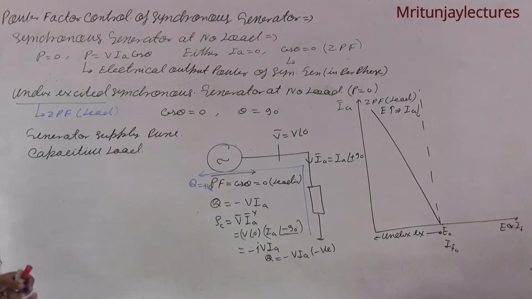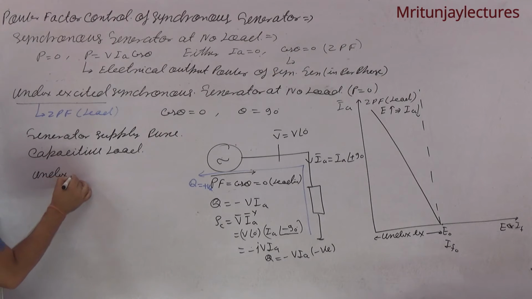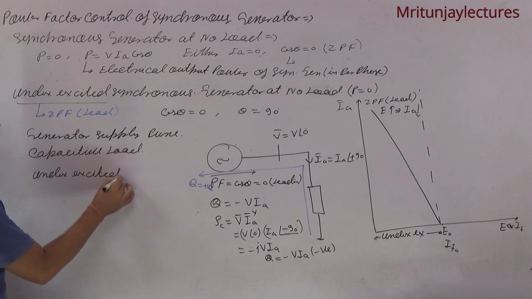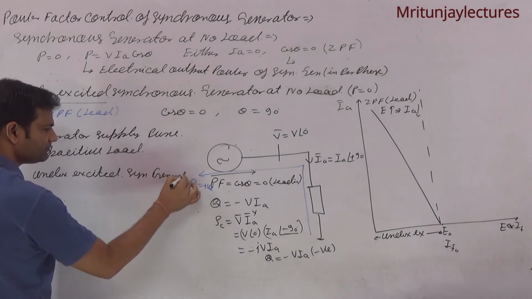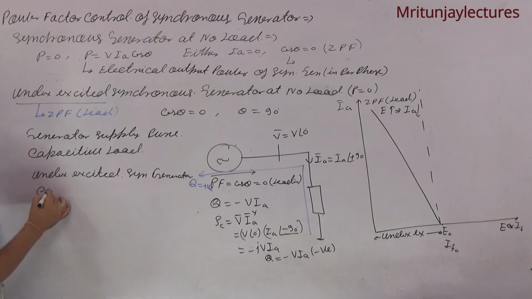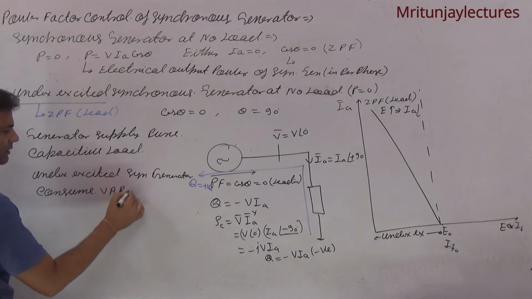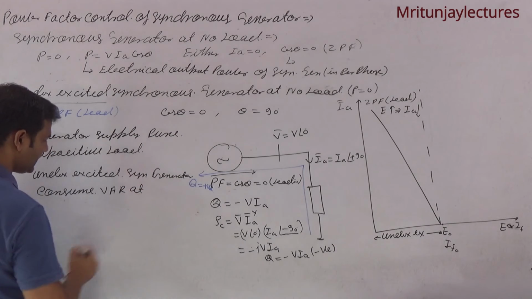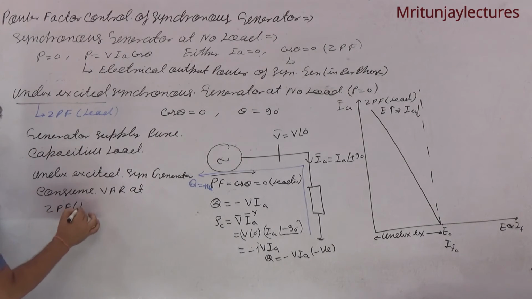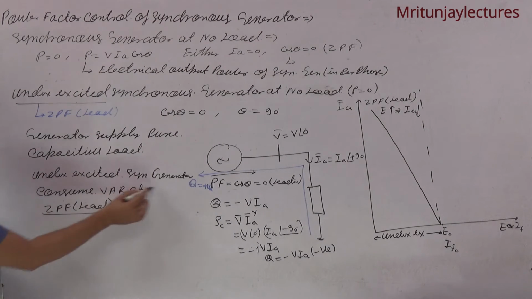Or you can say in another way, an under excited synchronous generator consumes VAR at leading power factor, or you can say ZPF leading. Clear what I am saying?